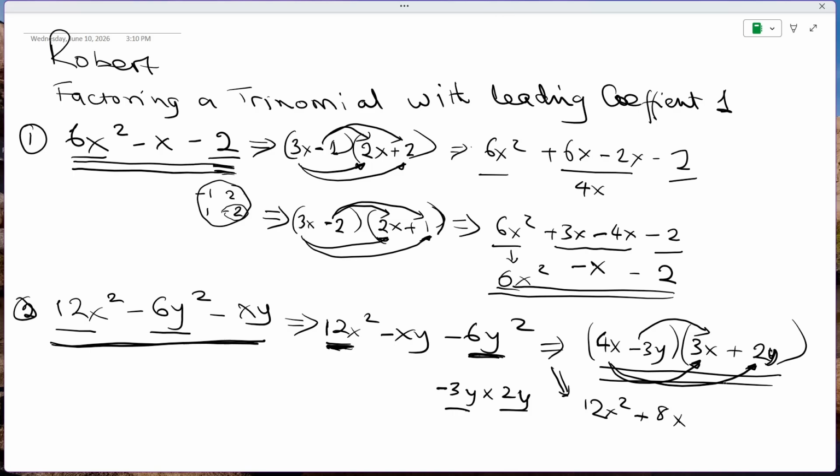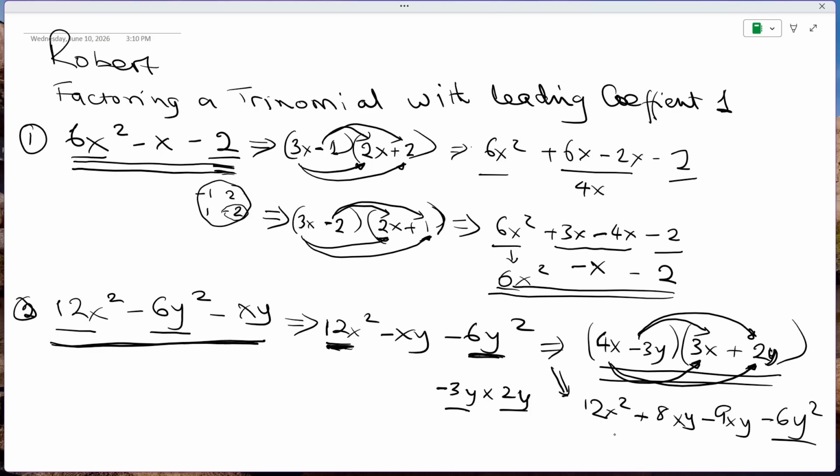So 4x times 2y will give us 8xy. And then we have negative 3y times 3x will give us negative 9xy. And then negative 3y times 2y will give us minus 6y squared.